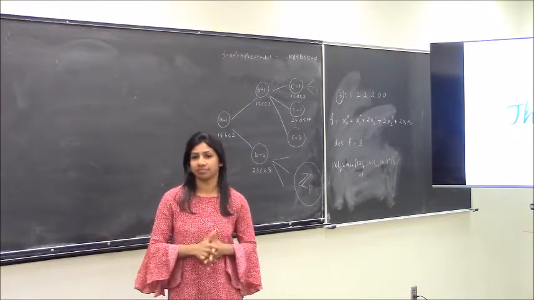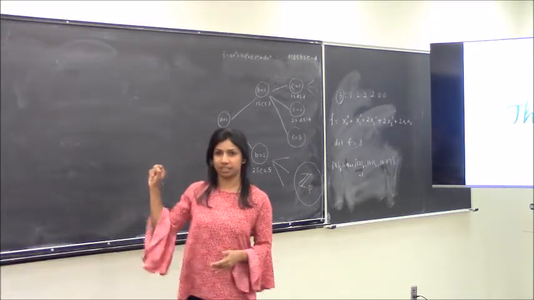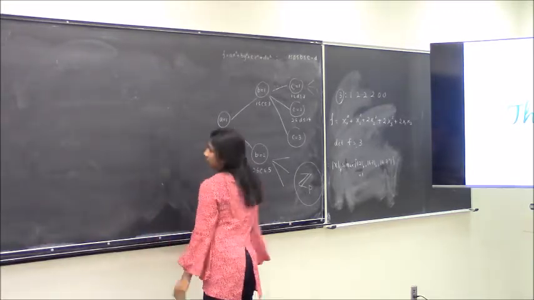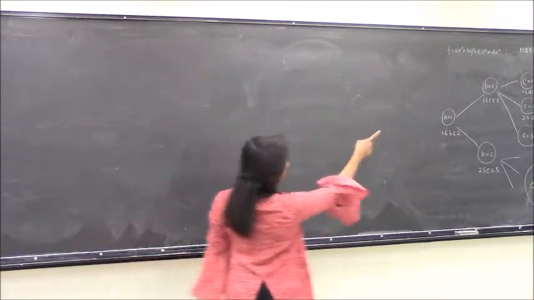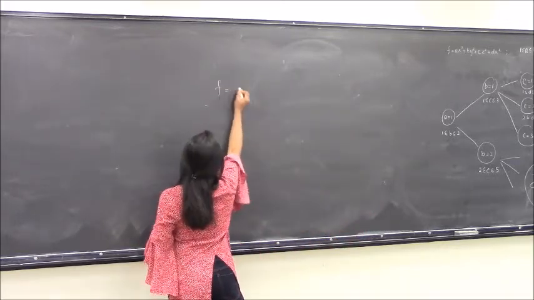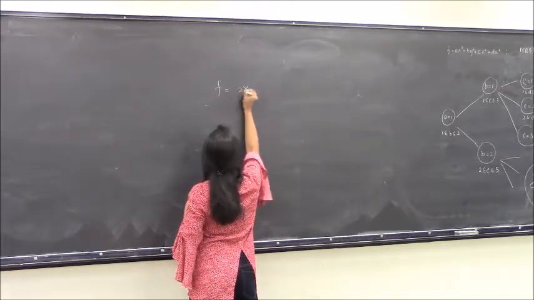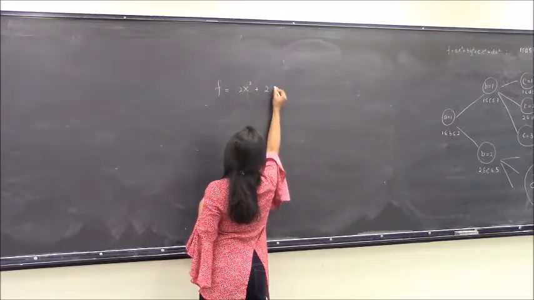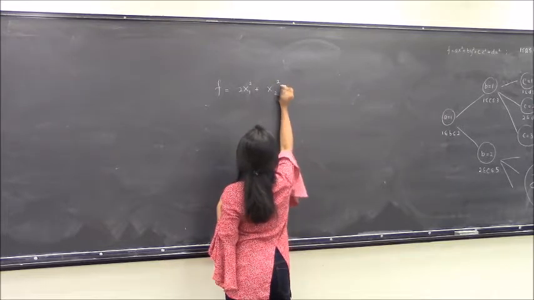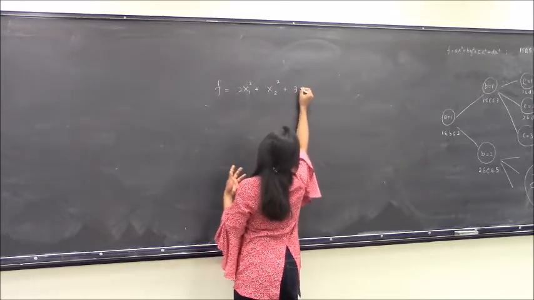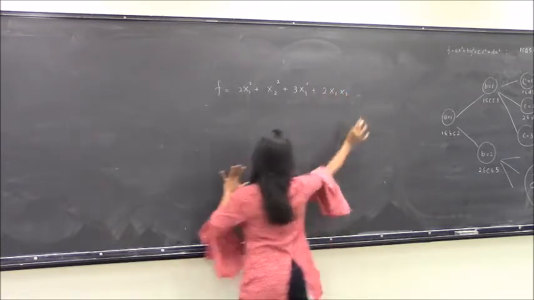Any other question for Lakshika? Is there any way to write it down in matrix format? For a quadratic form, yes. Shall I do it here? For example, f equals x1 squared plus 3 x3 squared plus 2 x1 x2, something like that.